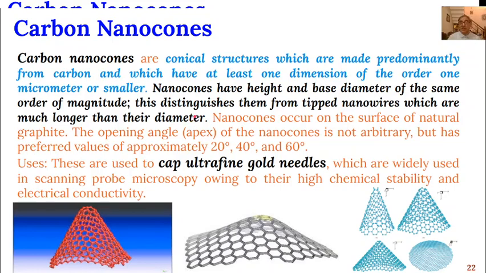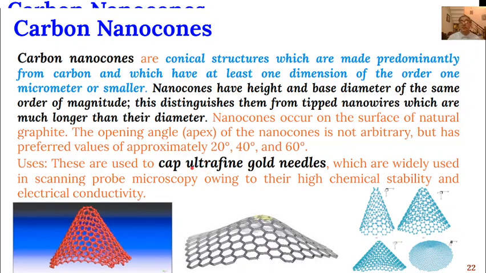Nanocones occur on the surface of natural graphite. The opening angle of the nanocones is fixed, and it may be 20 degrees, 40 degrees or 60 degrees. So these three cones are preferred in nanocones.